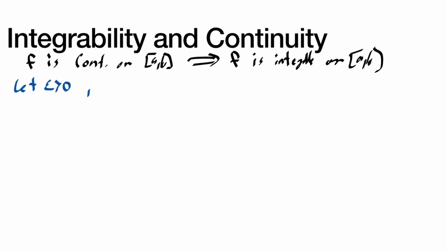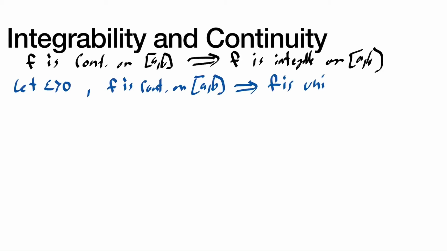And this is where we use something from just the last couple class periods. We know that f is continuous on a closed interval. Well, since the interval is closed, that means f is uniformly continuous on that closed interval.